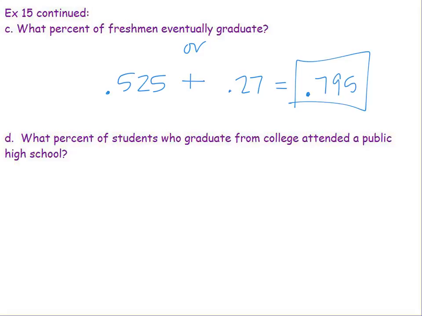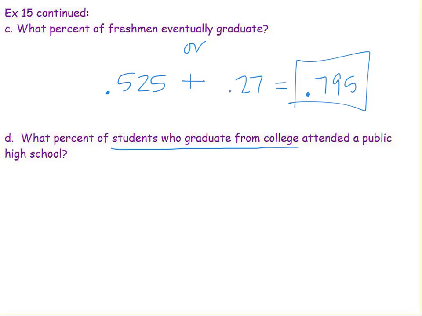Now let's look at the next question. What percent of students who graduate from college attended a public high school? This is a conditional question because they're not saying what percent of all students. They're saying what percent of students who graduate from college.